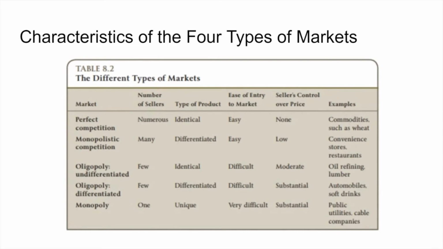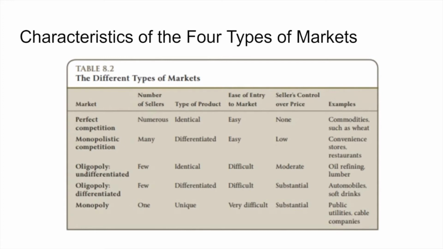The type of product is identical, flying from point A to point B. That travel is pretty much an identical product. The ease of entry is difficult. You've got to buy those airplanes; they're expensive. The sellers' control over price: they do have some degree, but not crazy. You think about oil refineries and that sort of thing as an example of that.